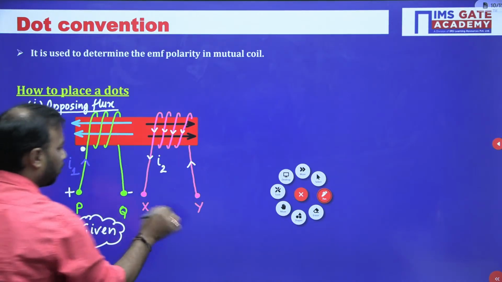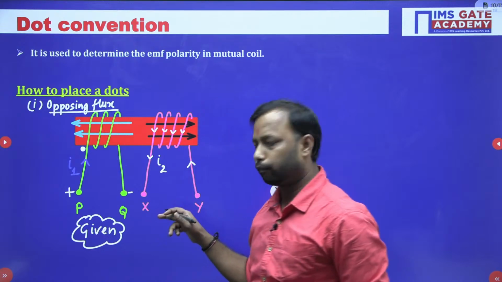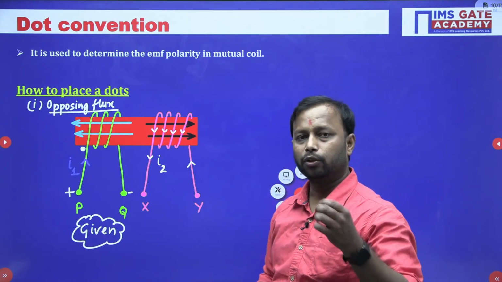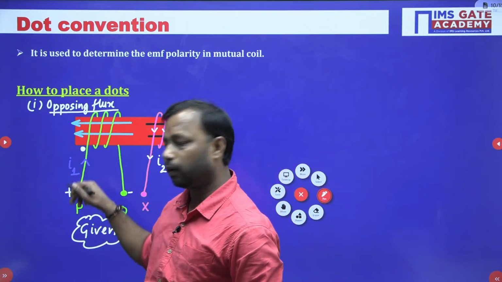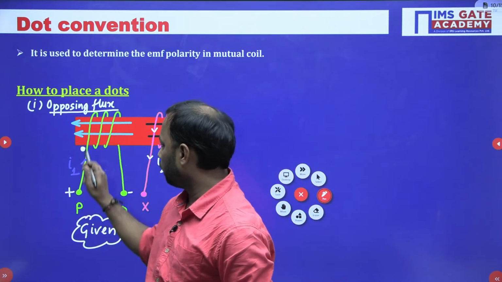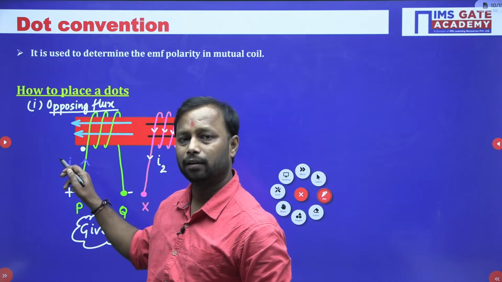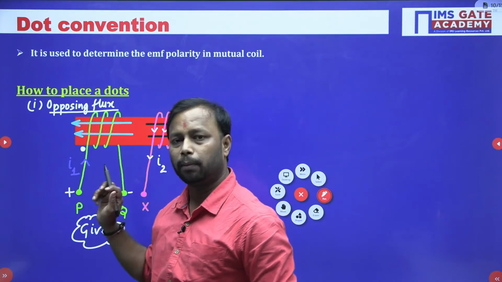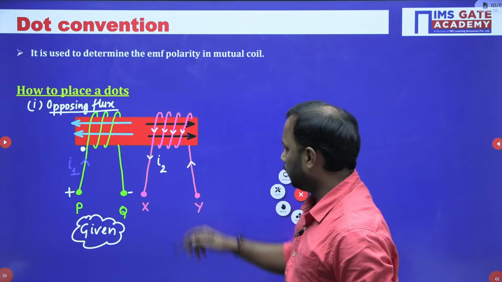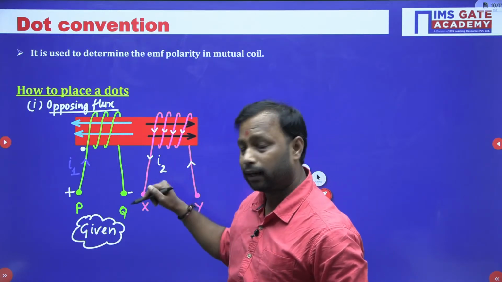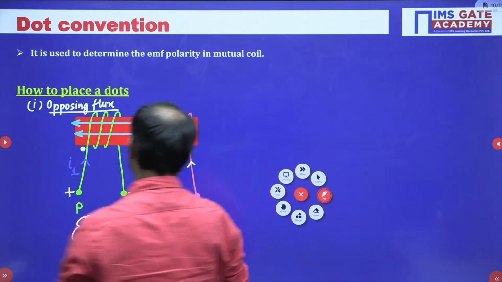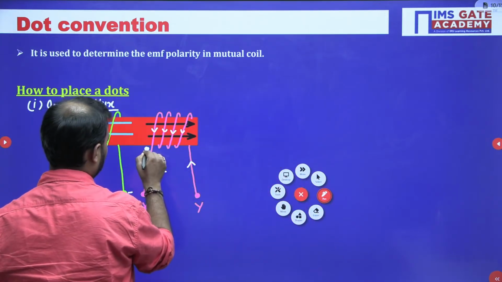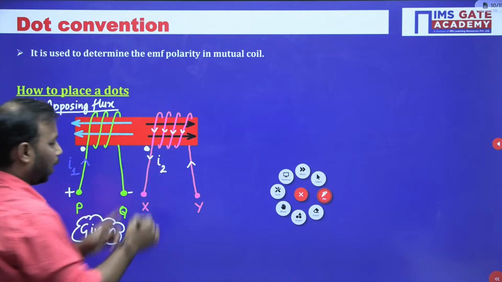Now we need to determine which terminal is positive and negative. So please do remember that in one coil, wherever the current is entering, the dot is going to be placed, and in the second coil, wherever the current is leaving, we need to place a dot. So dot यहाँ पे आएगा क्योंकि यहाँ पे करंट लीव कर रहा है.